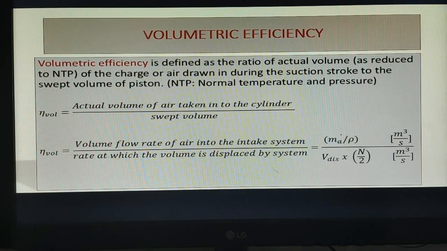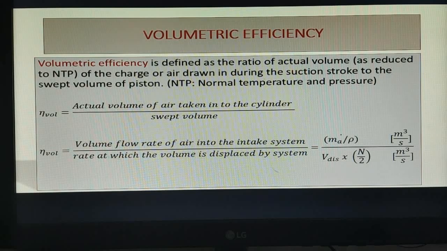Swept volume of the engine, how will we calculate? That is the bore, that is the area of the cylinder, into the stroke length. So the area of the cylinder is pi by 4 d square, into the stroke length, will give you the swept volume.